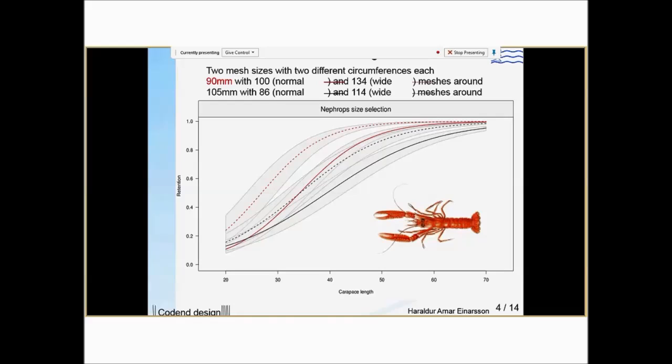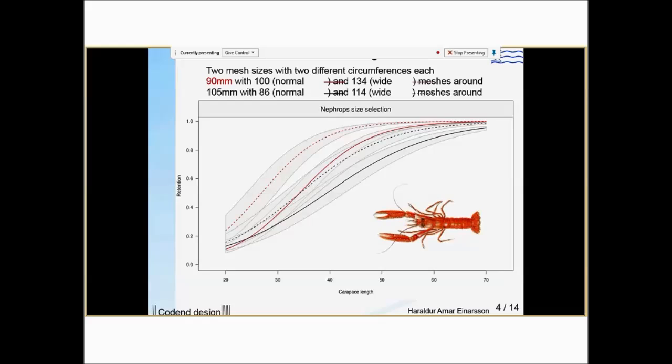That's a normal codend like they are using in the commercial fleet. Then we have the same mesh size, but as a wider codend with 134 meshes in circumference. The reason we were looking at that is that some of the captains like to use wider codends.